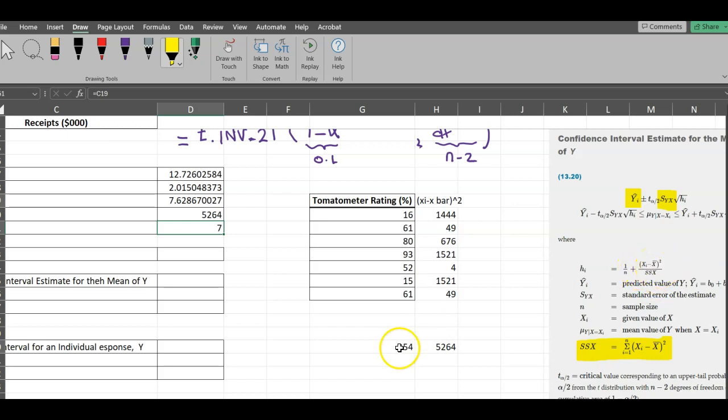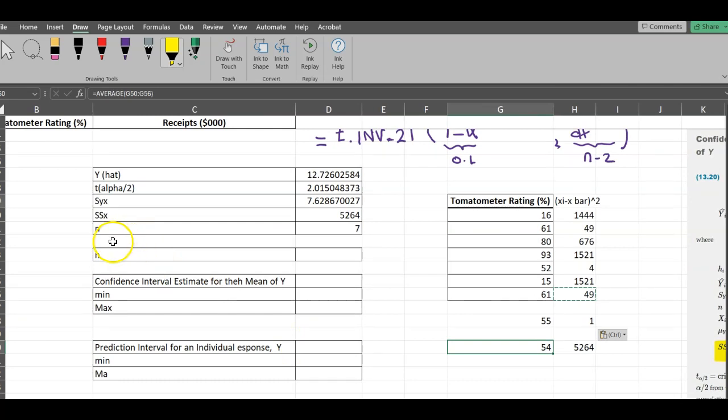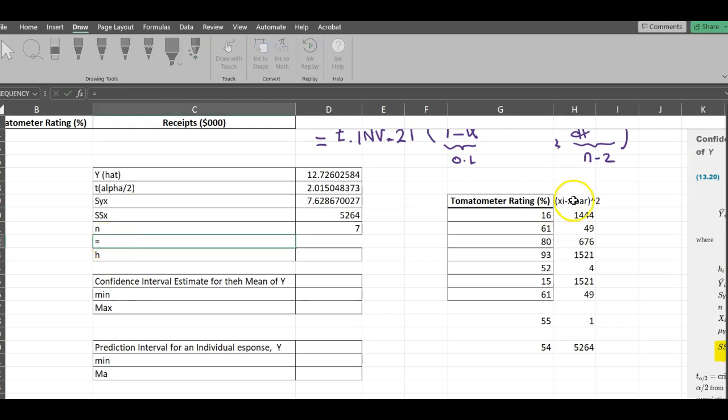And what is the xi? It's 55. So I'm going to add another one here. So value 55. And I need only this value that I see here. So I'm going to copy this formula and paste it over here. And that's going to be 1. So this is this formula. Okay, so that's going to be equal to this value here, 1.